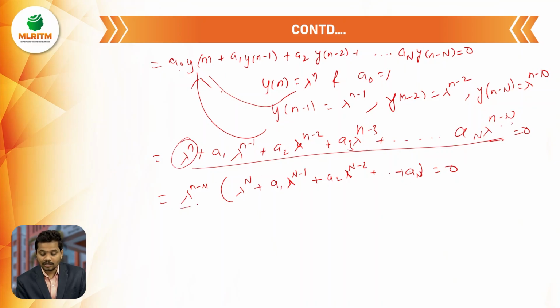So if I take lambda power n minus n common from the whole equation, lambda power n becomes lambda power n minus n times lambda power n.